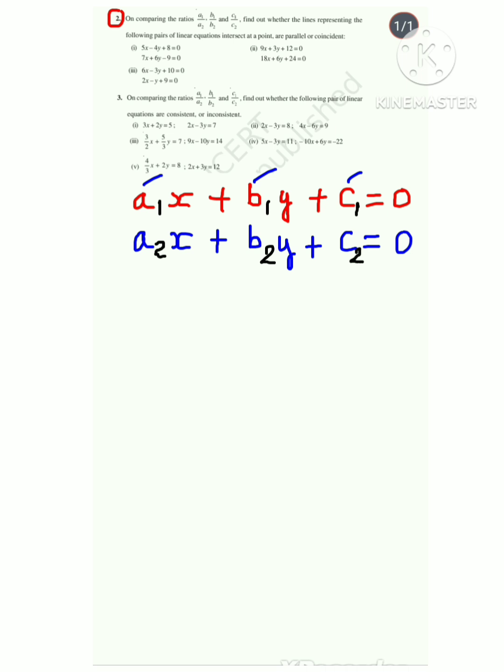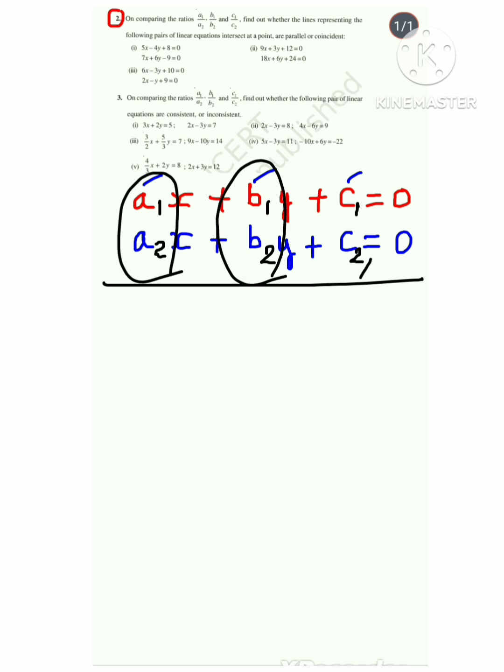Now after knowing this, you must know the relation between the ratios of these coefficients as well as the constant part, which tells us whether the lines are intersecting, parallel or coincident, right?